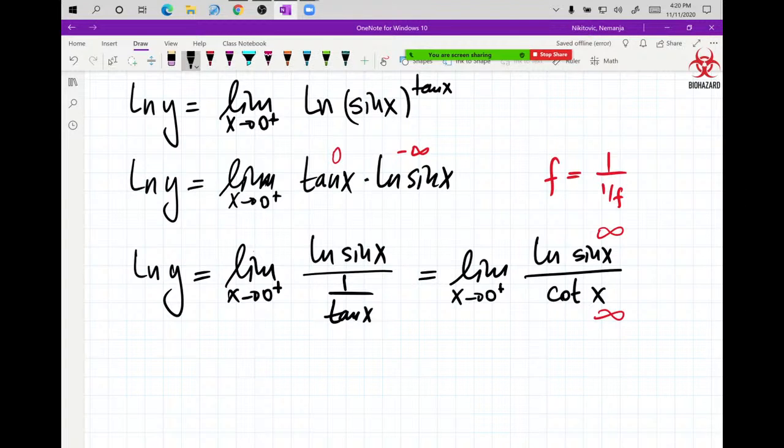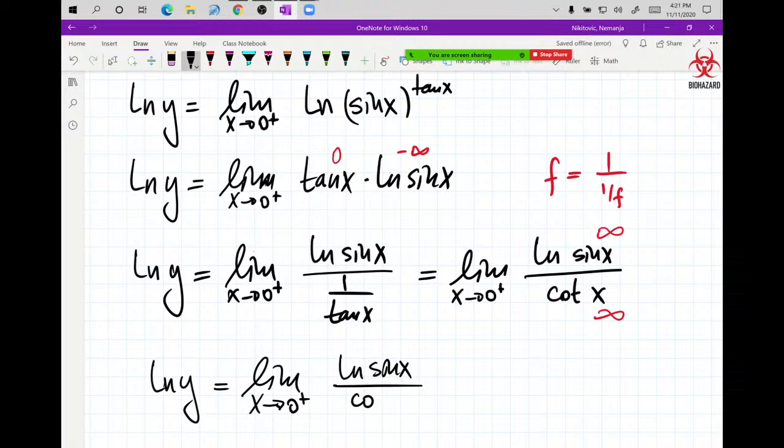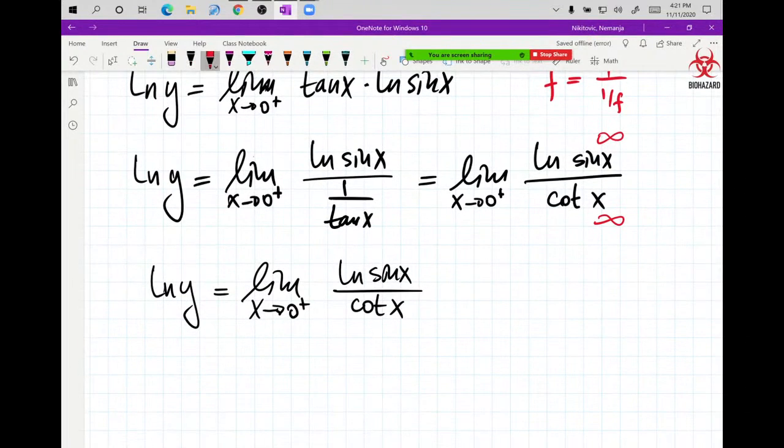So we got to the point where ln y is equal to the limit as x goes to 0 plus, from the right, of ln sine x over cotangent x. And the verdict is infinity over infinity. Hit it with the L'Hopital. So here is the L'Hopital.